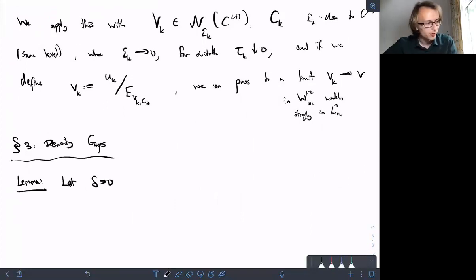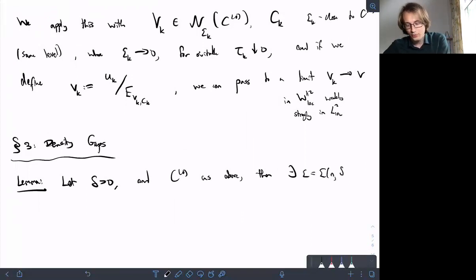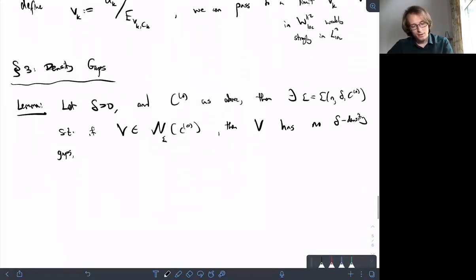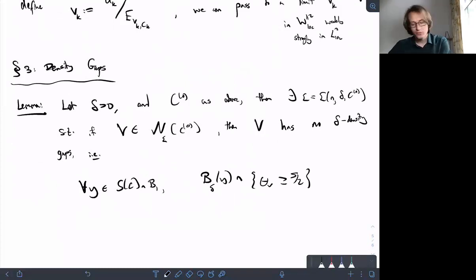If we have some delta bigger than 0 and C naught as above, then there exists epsilon depending on n, delta and C naught, such that if V is in the epsilon neighborhood as we defined it, then V has no so-called delta density gaps. i.e., for every point Y in the spine of C, so the translation invariant subspace, in the unit ball, if we look at the delta ball about Y, the set of points of density at most 5 halves is not equal to 0.